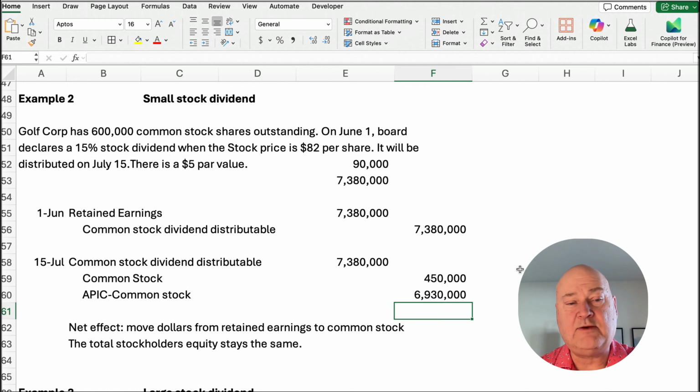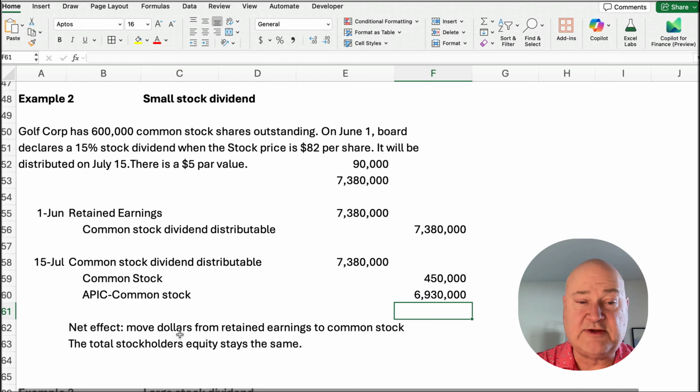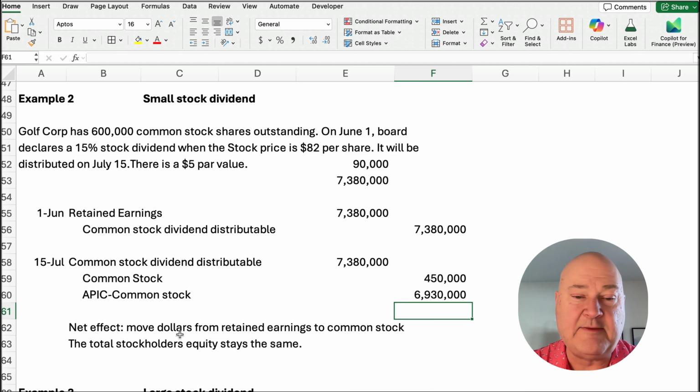Now, what's really happened here? We debited retained earnings and we credited common stock, the net of these two transactions. So we just moved dollars. Is this really an economic event? We moved dollars from retained earnings to common stock. The total stockholders' equity stays the same, the total assets stay the same, the total liabilities stay the same. So for the company, we just reclassified.